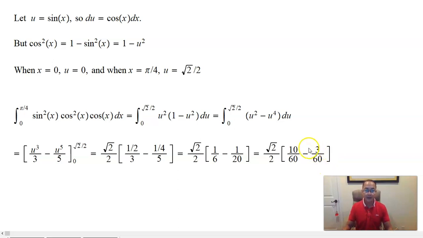Okay, so that is 7 divided by 60. 60 multiplied by 2 is 120. So our final answer is 7 radical 2 divided by 120. And I did make sure that Maple agrees with us. That is the answer that Maple also got.